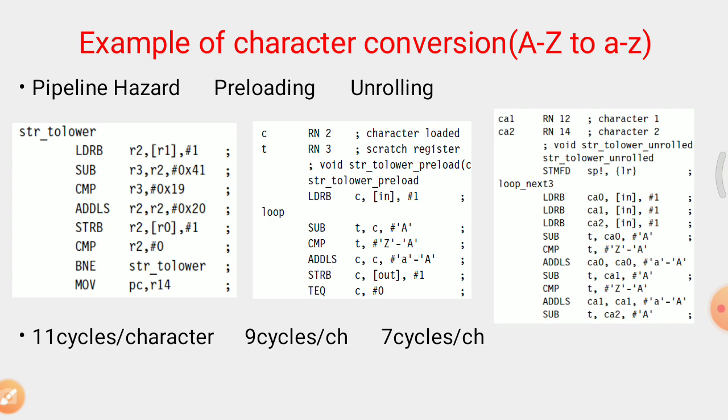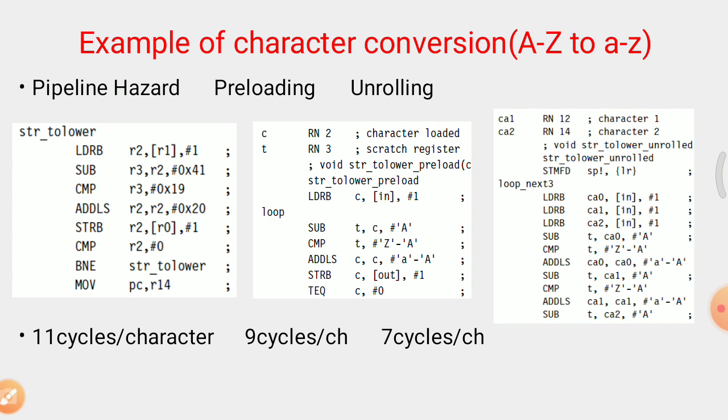So the subtraction instruction is going to use the R2 register. But the first instruction, LDRB, is going to update the R2 register only after 2 cycles. The compiler cannot do anything here because the flow of instructions is like that.